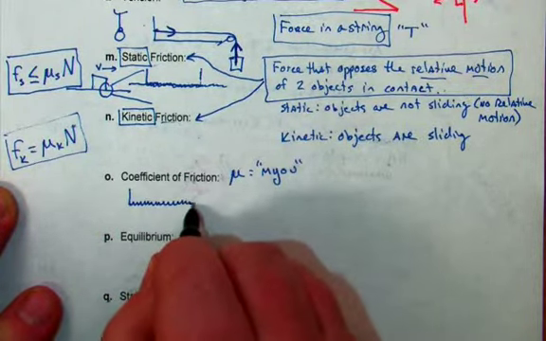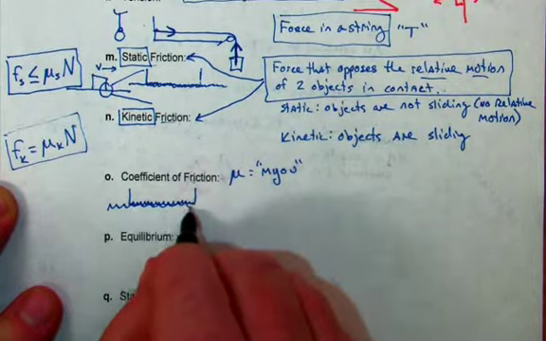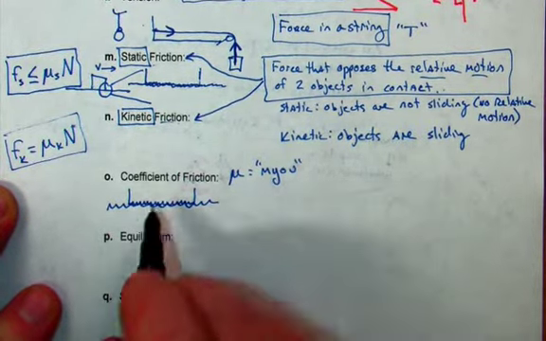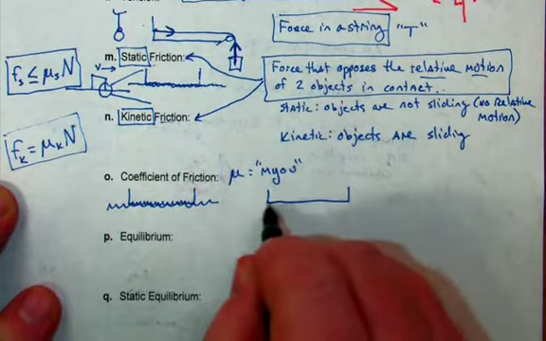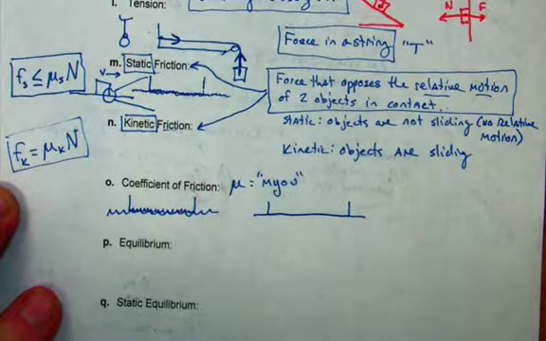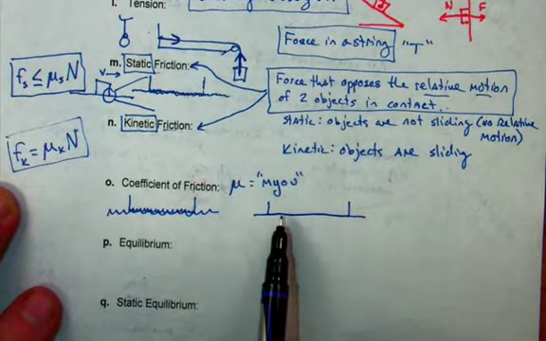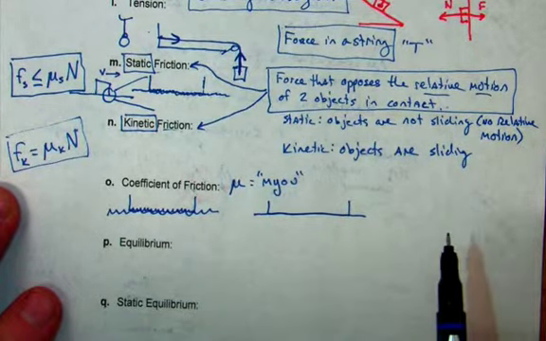So if you took an object that is very, very rough and another object that's very, very rough, you would have a high coefficient of friction. If you tried through great lengths to smooth those out as much as possible, you would have a lower coefficient of friction. But it depends on these two materials, and usually you can find those experimentally doing a lab.